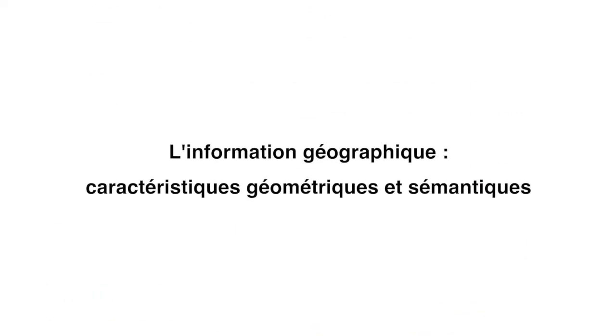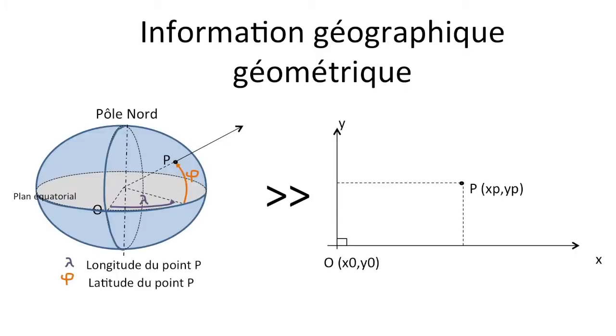Geographical information is based on two entities. First, the geometrical information. Actually, a P-point exists at the surface of the Earth. That P-point is located at the surface of the Earth, which is by and large a sphere, with two values, latitude and longitude. The latitude is an angle between the equatorial plane and the straight line connecting the center of the Earth and the point in question.